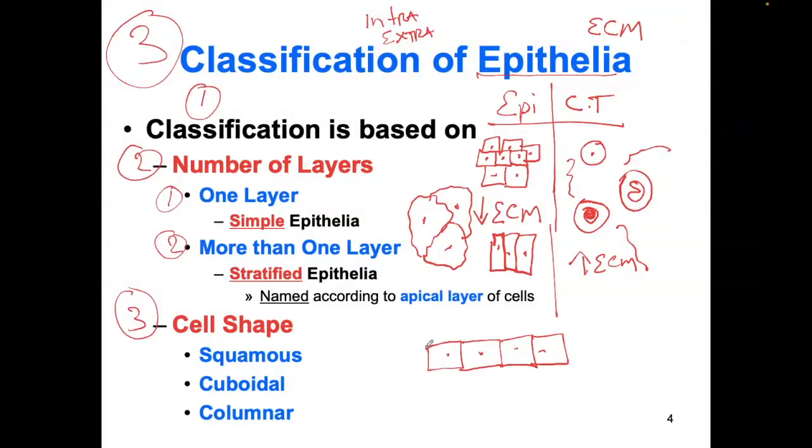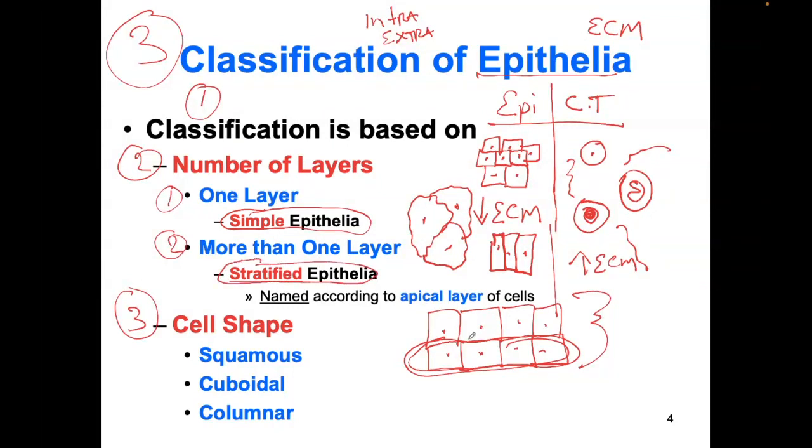But these could be closely packed together, and now we have more than one layer. So if it is one and only one cell layer thick, we refer to it as simple epithelium. But if we have two or more, we're going to refer to it as stratified epithelium.